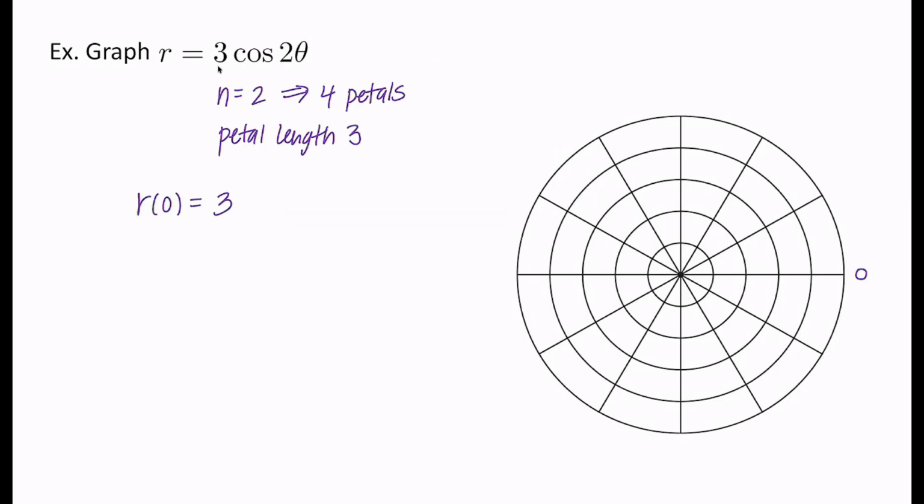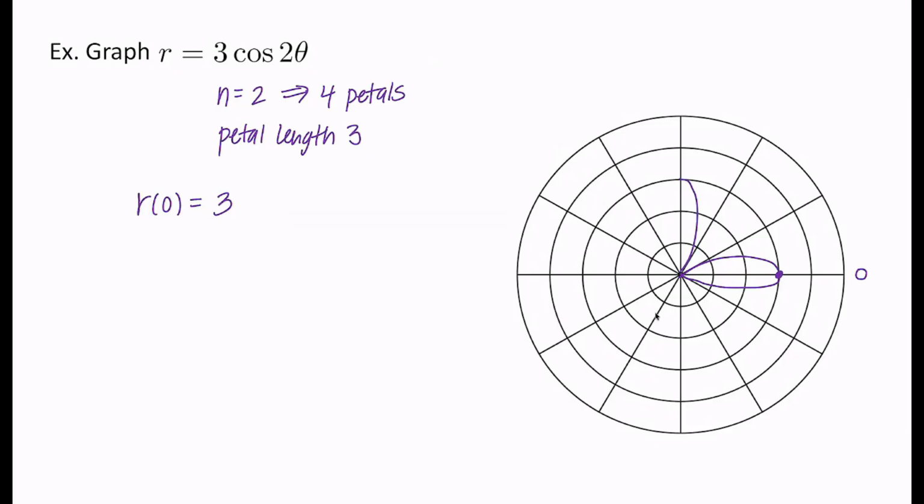So that means that one of the petals is along the x-axis, and we're going to go 3 units towards 0. So one of my petals is going to be right here on the positive x-axis. Well, if there's 4 total petals and they have to be equally spaced, then we're really just dividing 2 pi by 4, which gives the other quadrantal angles.